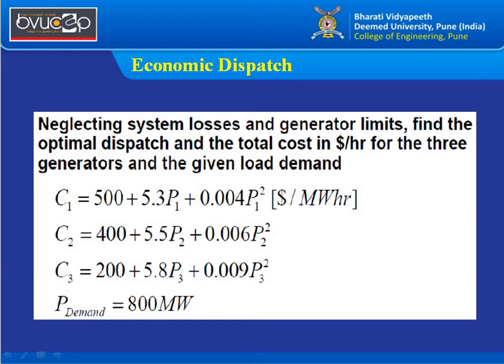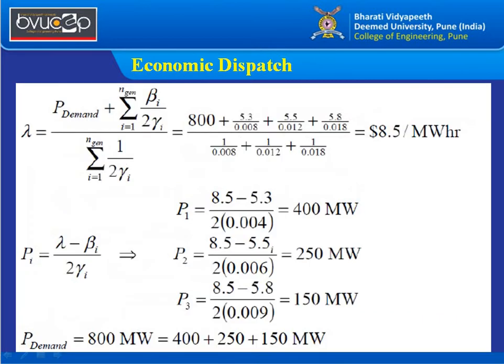Similarly, for the second generating unit we have C2 equals 400 plus 5.5 P2 plus 0.006 P2 square. For the third generating unit, C3 equals 200 plus 5.8 P3 plus 0.009 P3 square. These are the three generating units with quadratic input-output characteristics, and they have to satisfy the demand of 800 megawatts, so we have to carry out the necessary optimal dispatch. For that we need to calculate certain parameters.